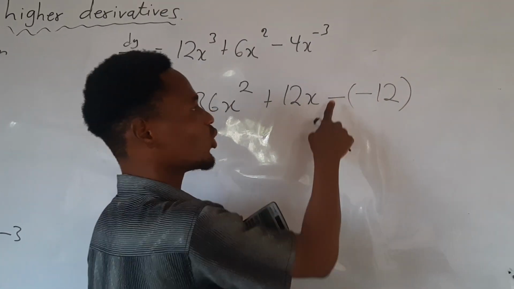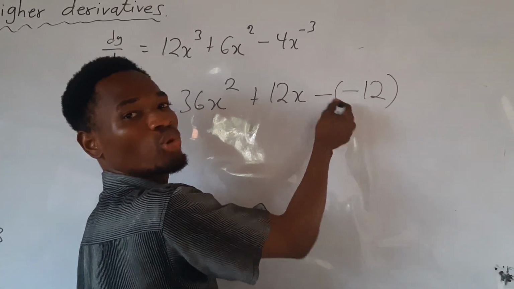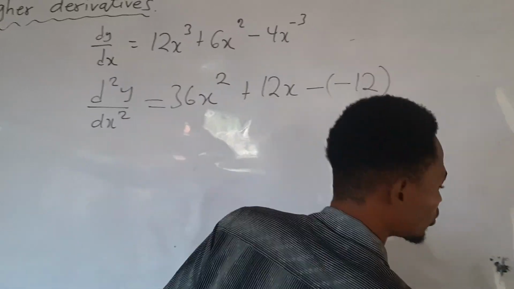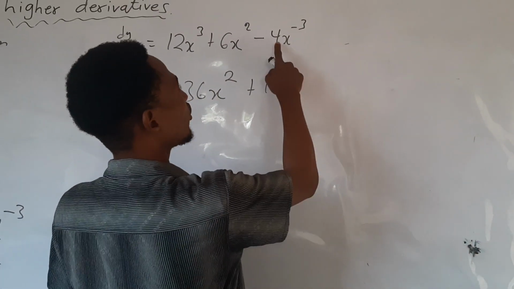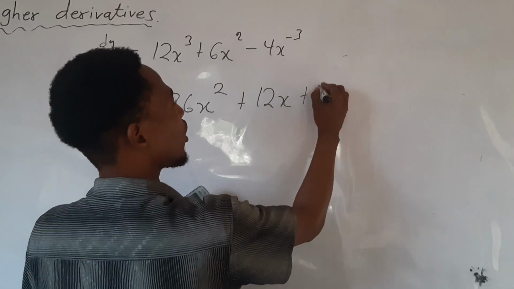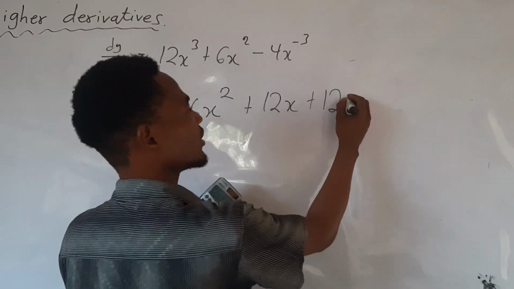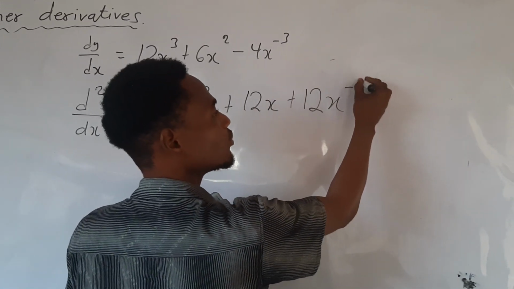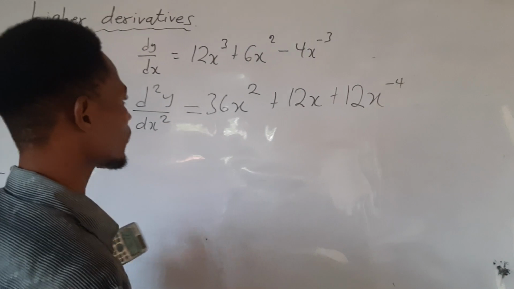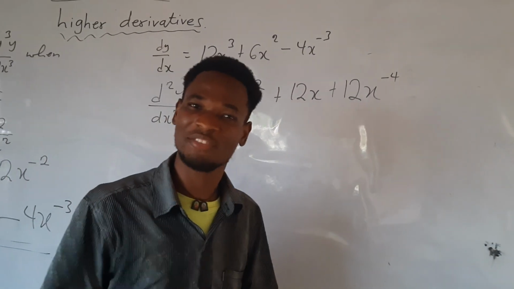The negative and the negative, when they commute, give positive. So I write my positive there: 12x, and when I subtract 1 from the negative 3, I get negative 4. So this is the second differential.